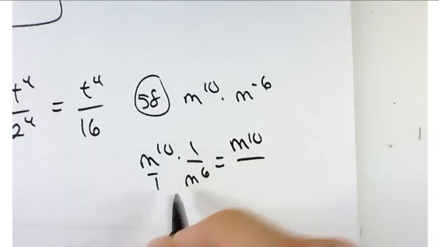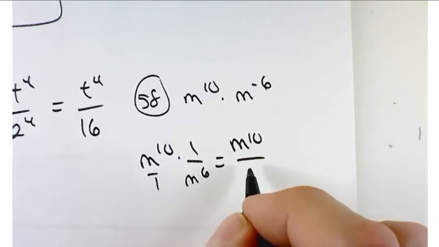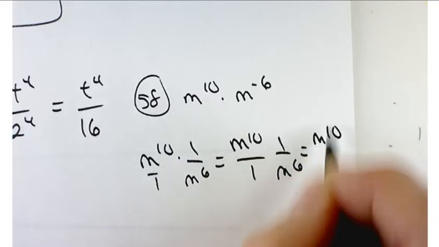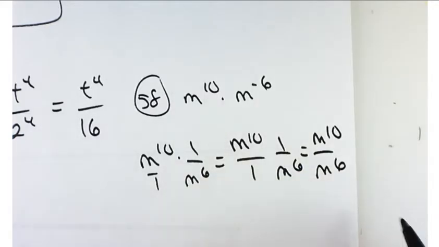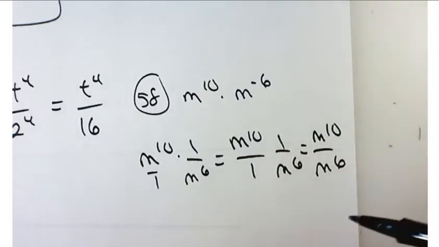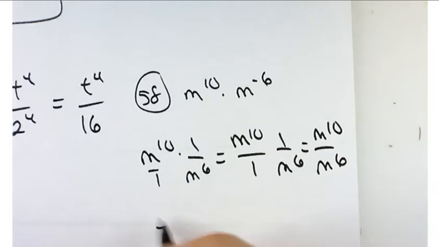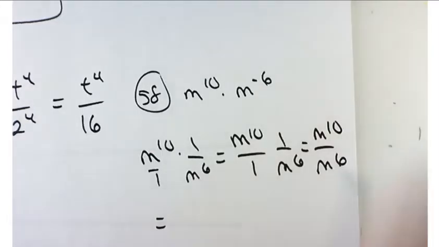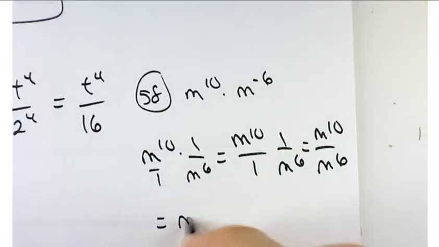I'll think of that as m to the 10th over 1 times 1 over m to the 6. Better yet, m to the 10th over m to the 6th. Now I've come a long ways just to use my little quotient rule for exponents. M to the 10th divided by m to the 6th. How does that simplify? M to the 4th. Good, you subtract the exponents.